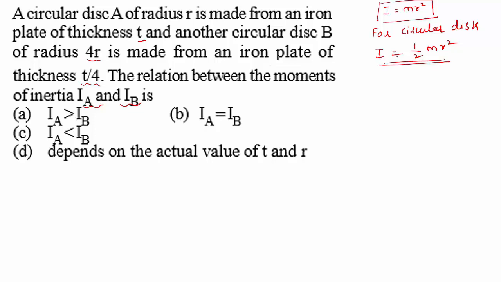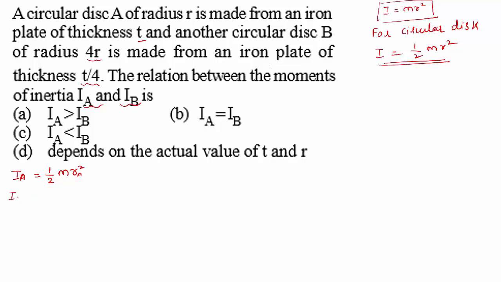First, we can solve the moment of inertia for the disc A. See here, I am going to write the moment of inertia. Let us take IA for the first disc. IA equal to 1 by 2 mr square, let us take it as RA square. This is the radius of the A disc.